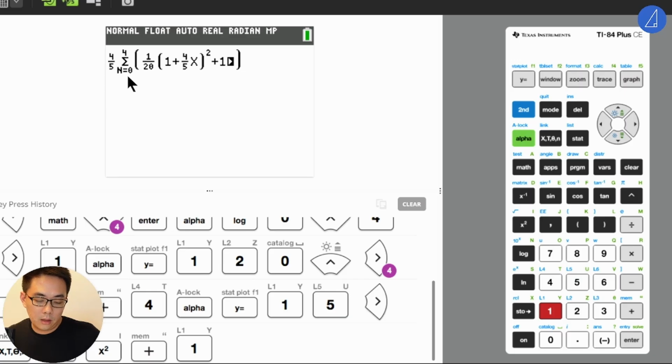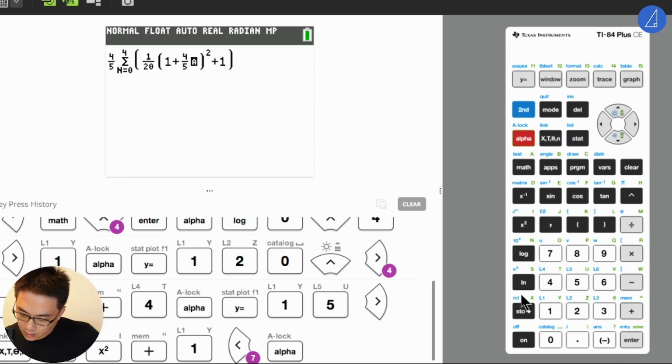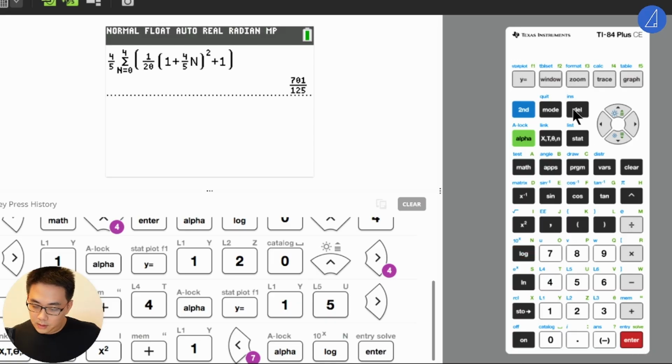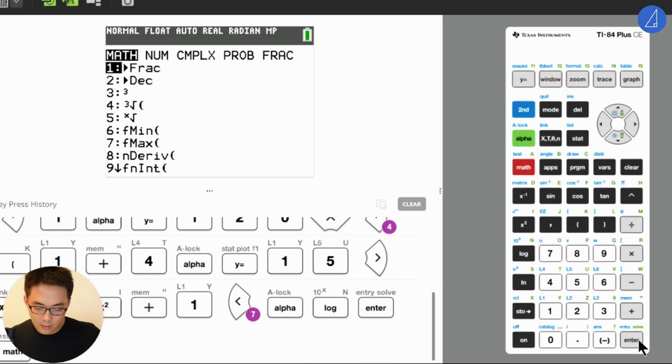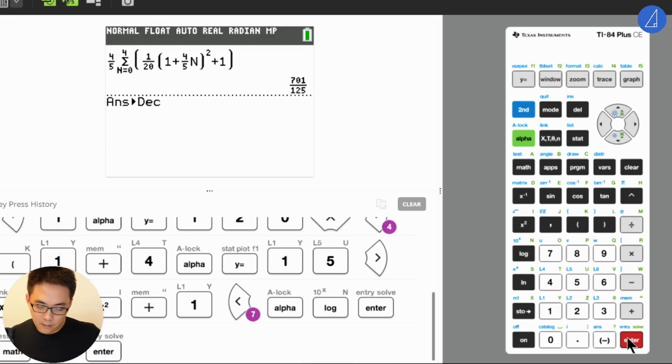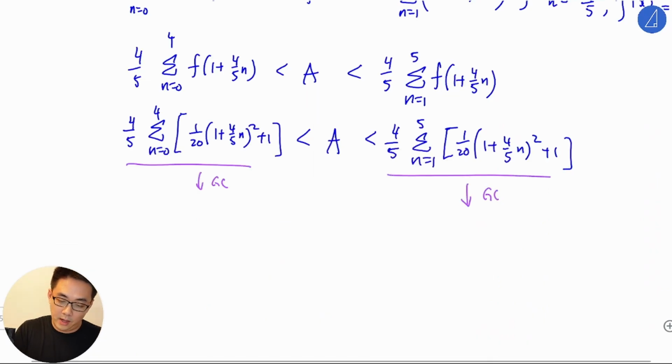So check. Oh, yes, I keyed something wrong. So this is n. And here, math decimal, 5.680. So you just do the same for the right bound, then you should get the answer.